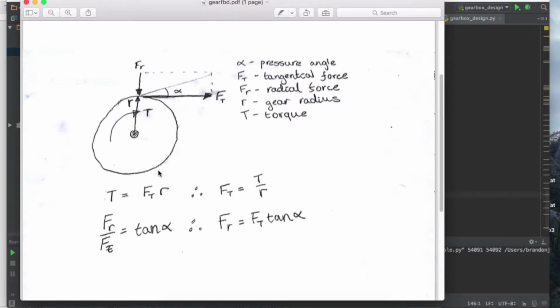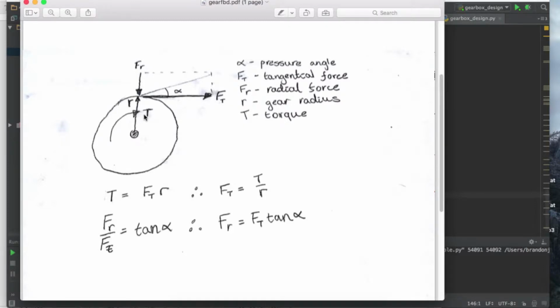Here's a simple free body diagram of a gear. The force on a gear acts at an angle called the pressure angle. Generally this angle is about 20 degrees, but you will see gears that have a pressure angle of 25 or 14.5 or whatever. It just depends on the gear. But for this project we're going to be using pressure angle alpha equal to 20 degrees.